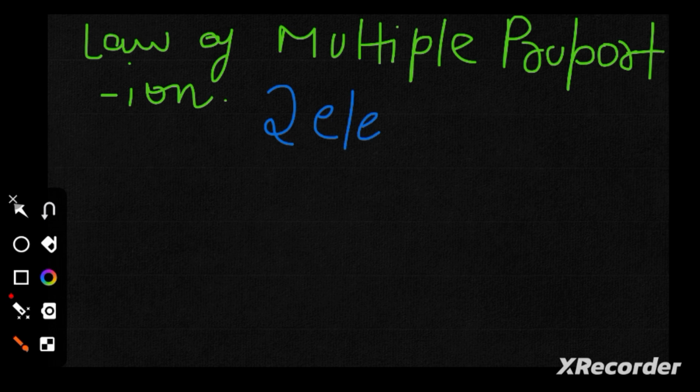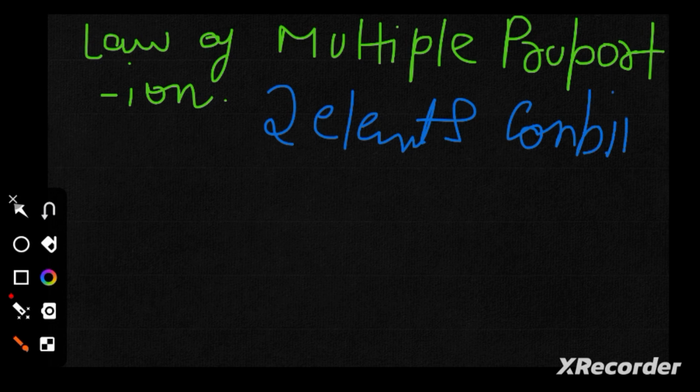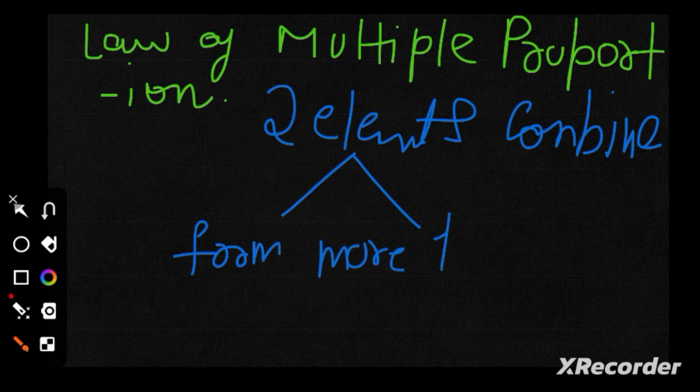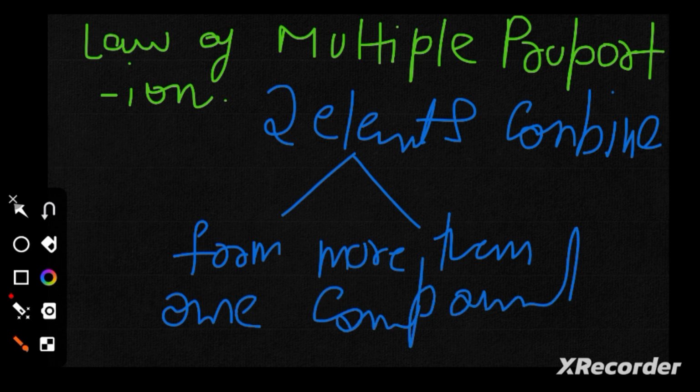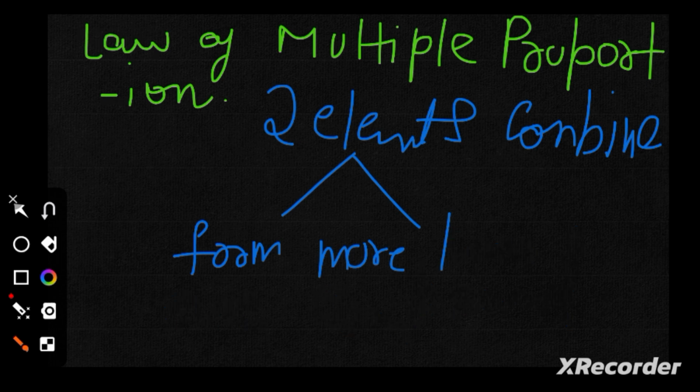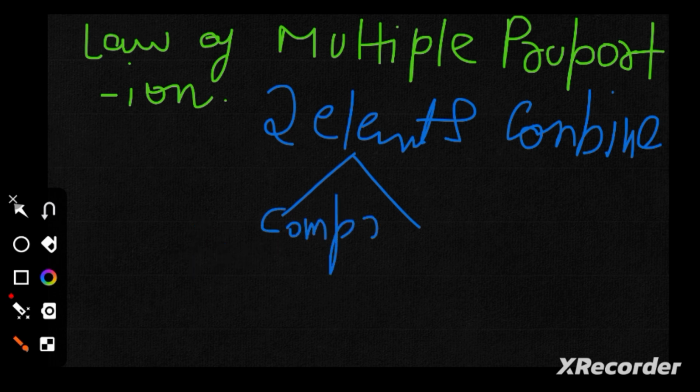If two elements combine, it's obvious that when two elements combine, they can form more than one compound, right? I'm going to write it in a short way.